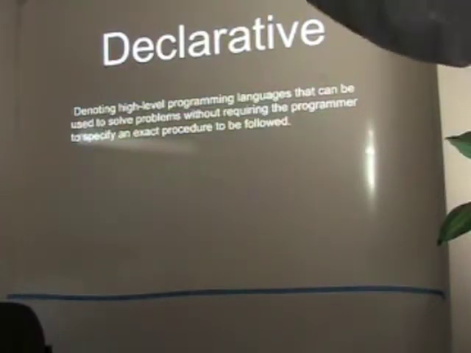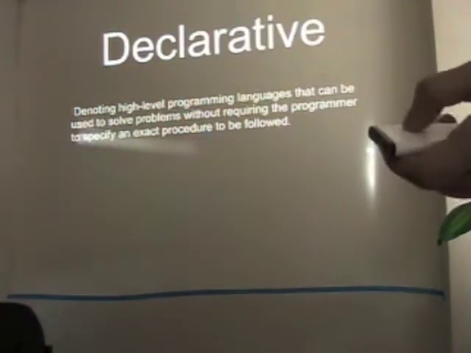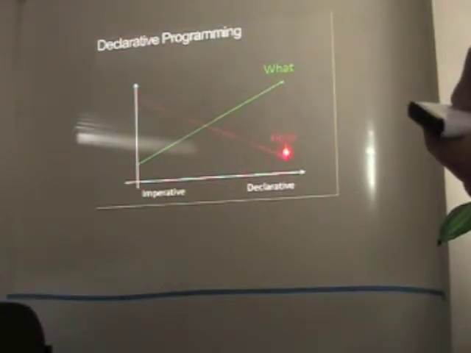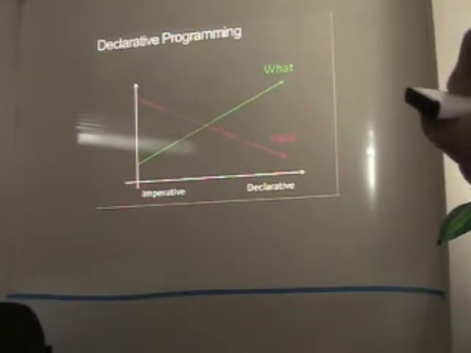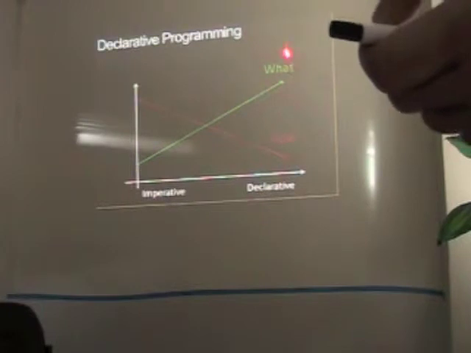Just specify the relationship, right? ER modeling, one to many, many to many. You specify. It's declarative code. So declarative is all about the what, okay? Imperative is the exact opposite. It's all about the how. Imperative is a different kind of programming paradigm. We want to be on this side.